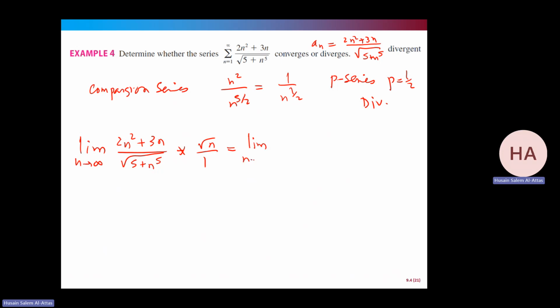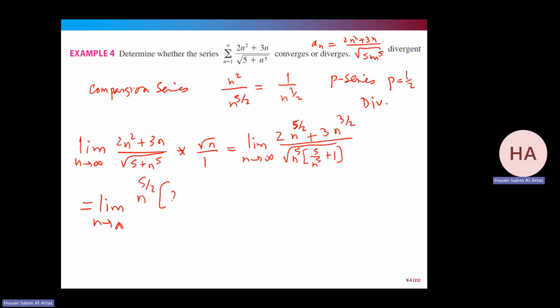Let me do the calculation. That will be 2 n to the power 5 over 2 plus 3 n to the power 3 over 2 over, let me take n to the power 5 as a common factor inside the square root. I have 5 over n to the power 5 plus 1. That gives me the limit as n goes to infinity. I will take n to the power 5 over 2 also in the numerator.